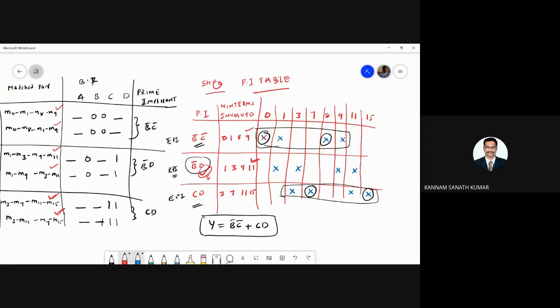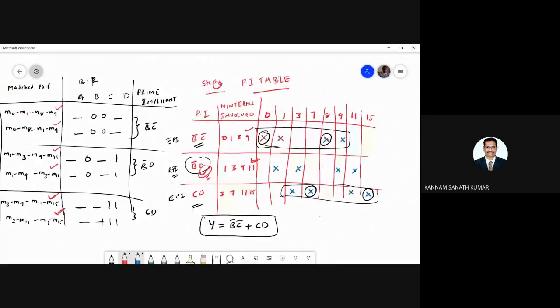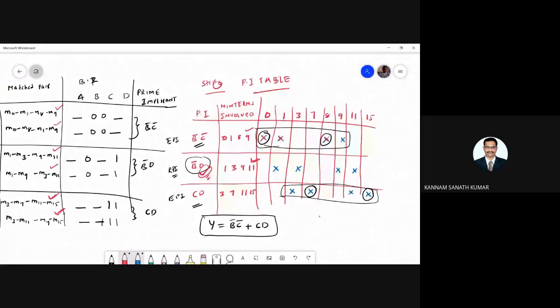Okay, see here. Whatever the min-terms involved, you have to make the cross mark: 11 and 3, 7, and next 11 and 15.